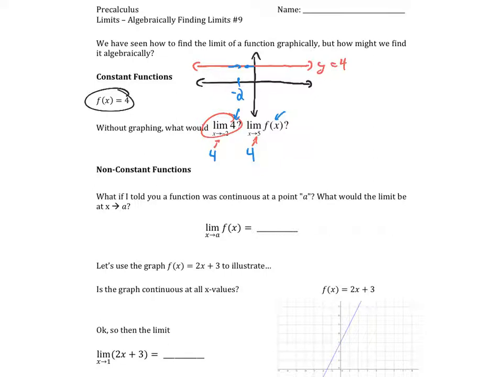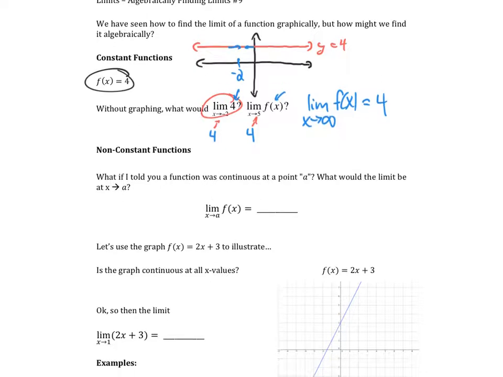I could give you another example: the limit as x approaches infinity of the function f of x, since f of x is equal to 4, that is also going to be equal to 4. It is always equal to 4. So anytime you see a constant, don't get confused by what the x approaching number is underneath. Just always know the answer is going to be the function itself, when it's a constant.